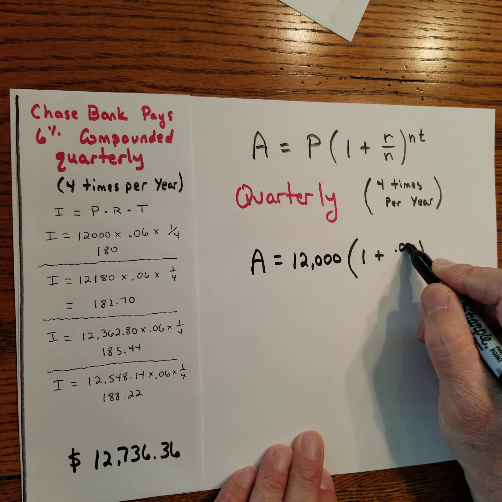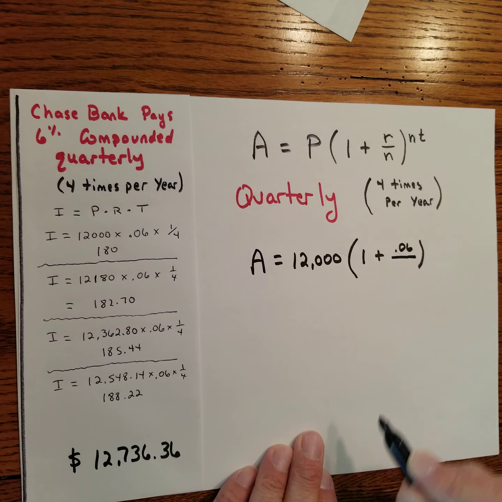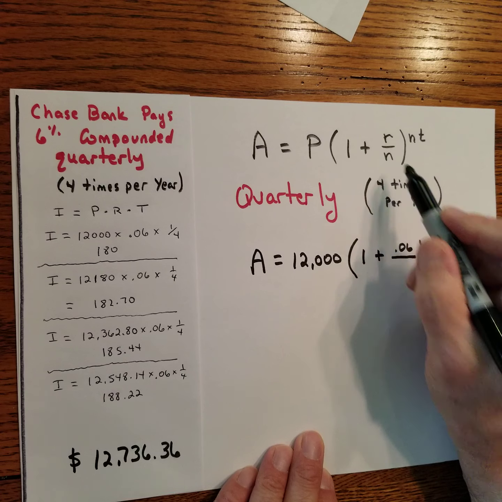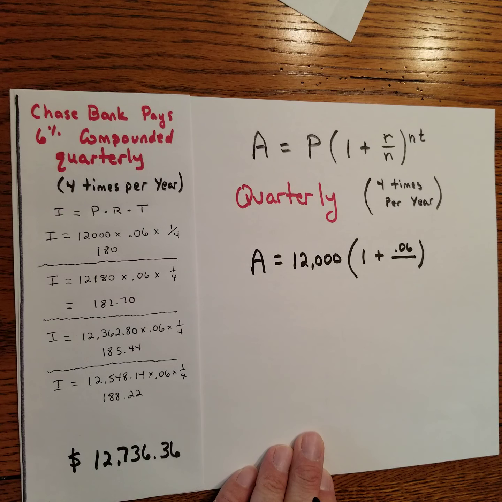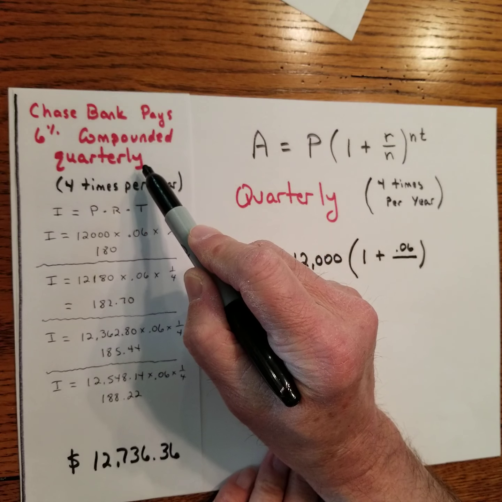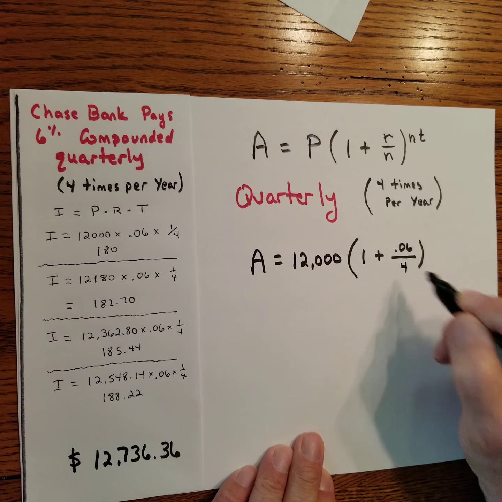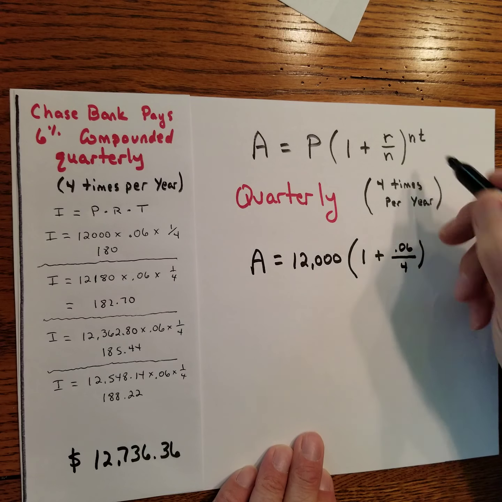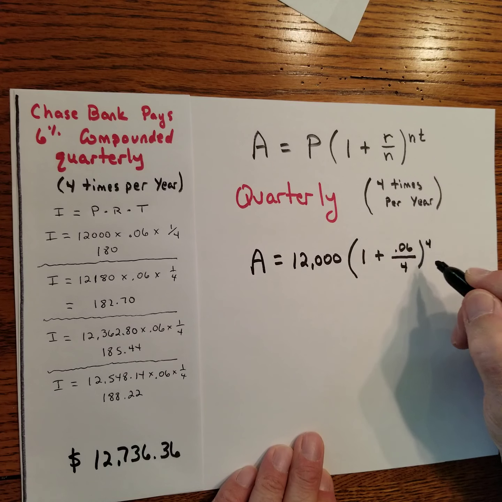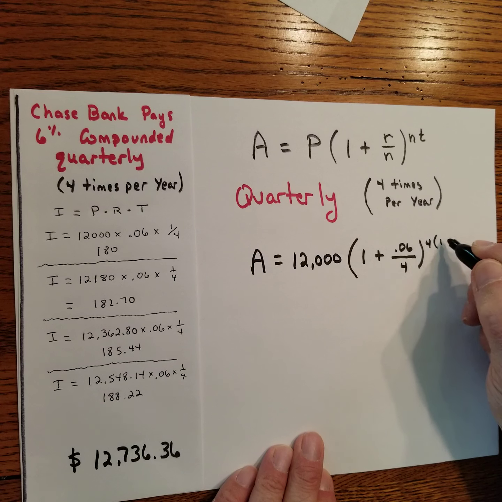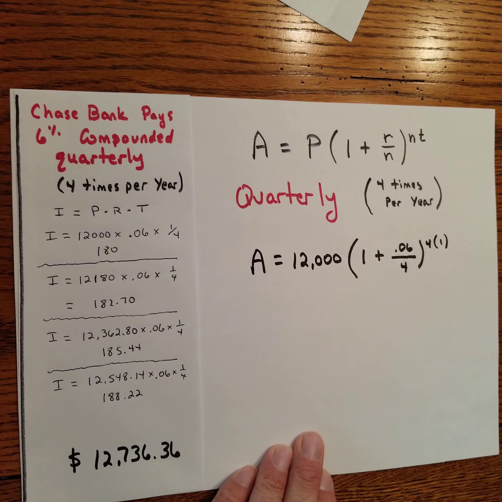Change 6% to 0.06. N is the number of times per year that we'll compound the interest. If we're compounding quarterly, that's 4 times per year. N is 4. Here's N again. And we are leaving the money in the bank for 1 year. T is time, that's 1.